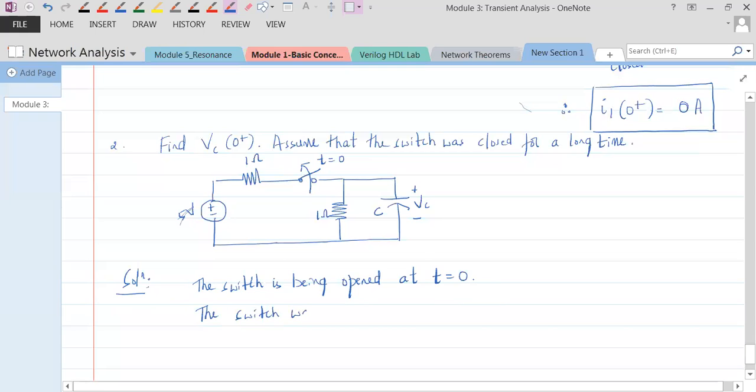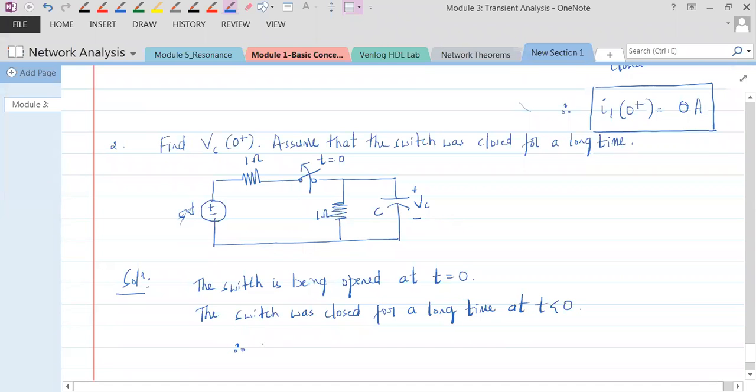The switch was closed for a long time, they are saying. At t less than 0. Okay.